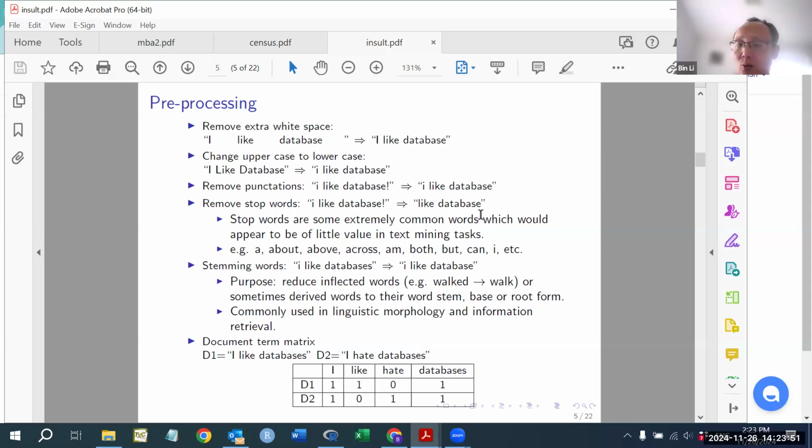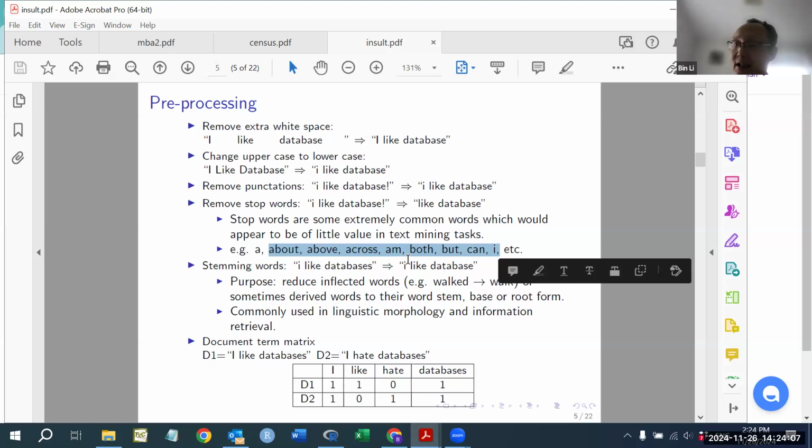tasks. So what are the stop words? Like about, above, across, and, both, but, can, I. These are stop words which are used very commonly, but usually they don't have any discriminating power in text mining tasks. Okay, so we will also remove these stop words, and also we will stem the words.